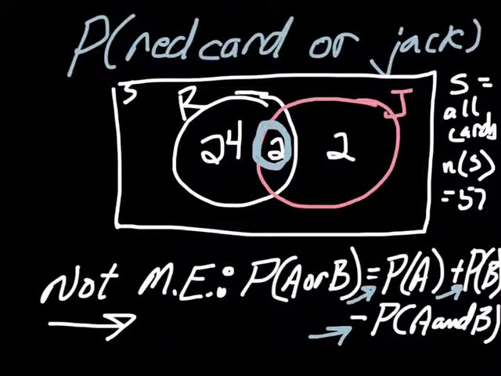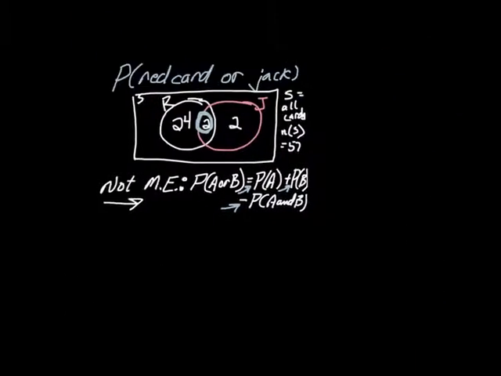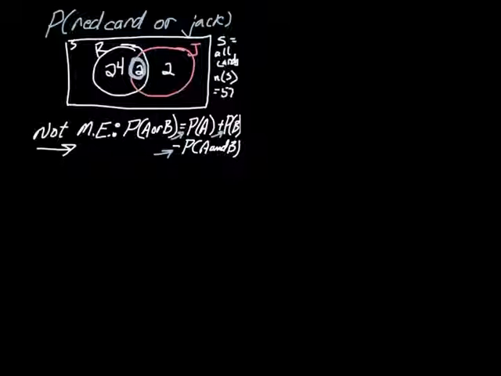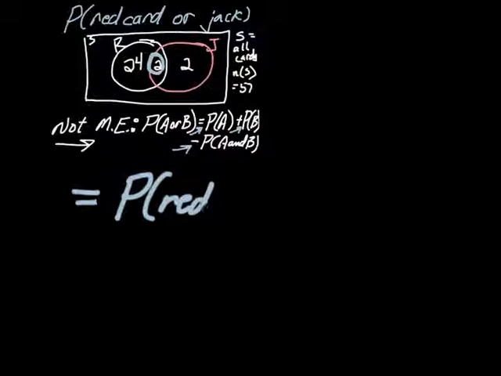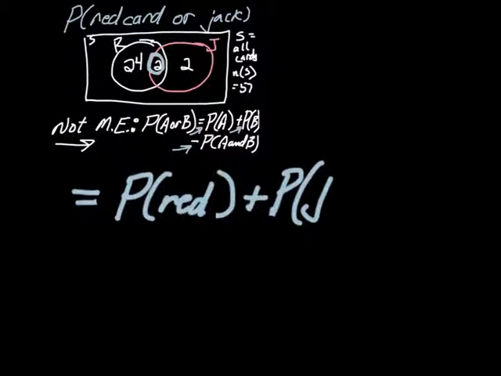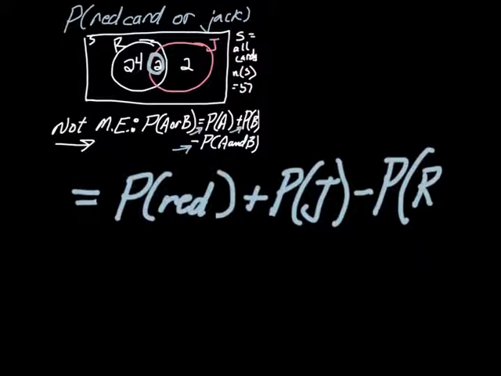So what we're going to do now is this problem. What's the probability of a red card or a jack? Well, it is equal to the probability of a red card plus the probability of a jack minus the probability of a card being red and a jack at the same time.